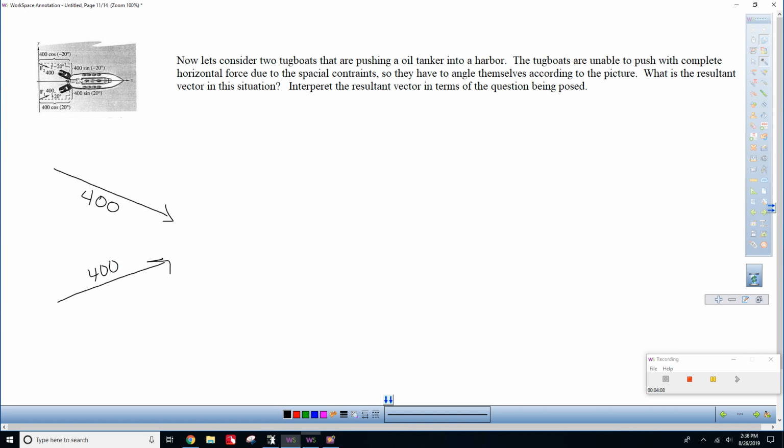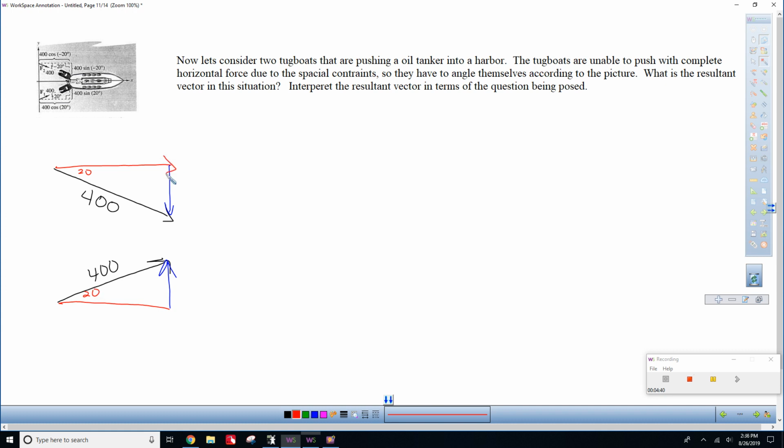What we need to do is break up the horizontal component of that force. That's going to end up being all that matters, but we will break down both components. So this would be the vertical component of that force. Since these are both being pushed at a 20-degree angle, you can use trig to find the red vector.